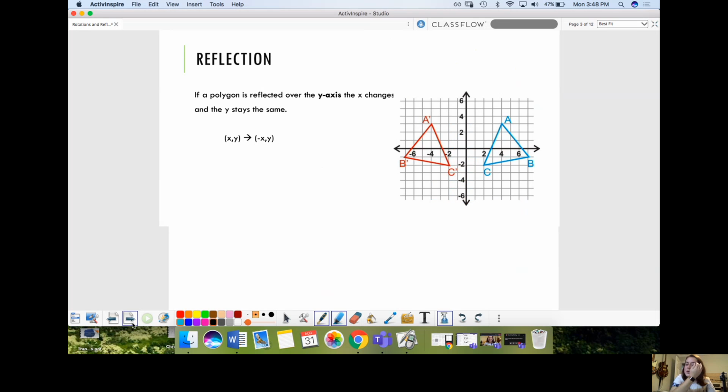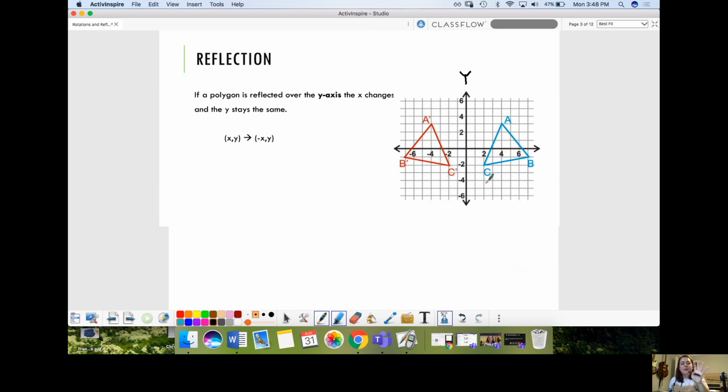Now, if we reflect over the y-axis, then the same idea holds of you want to be the same distance from that line of reflection. And so in this case, the line of reflection is our y-axis. Remember, we know this one's the y-axis because that y has that vertical line that goes straight up and down, right? And that letter y, that part goes straight up and down, just like our y-axis goes straight up and down.